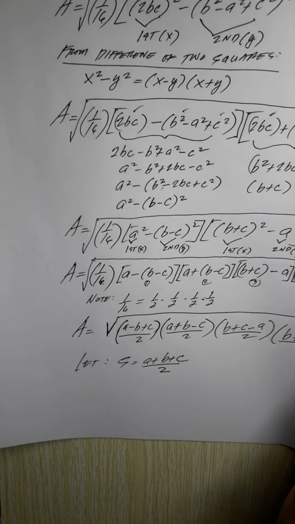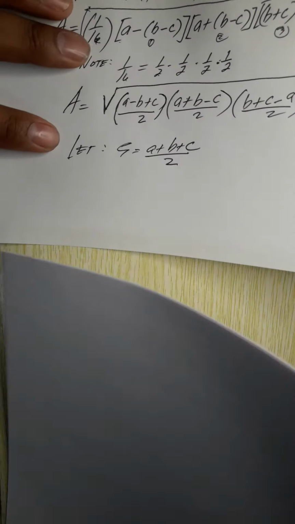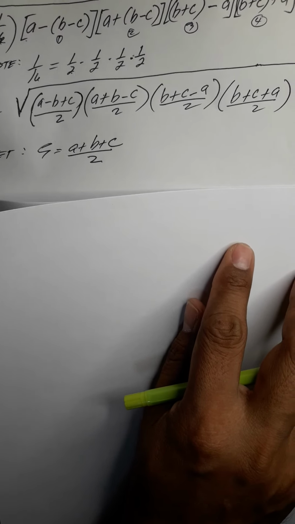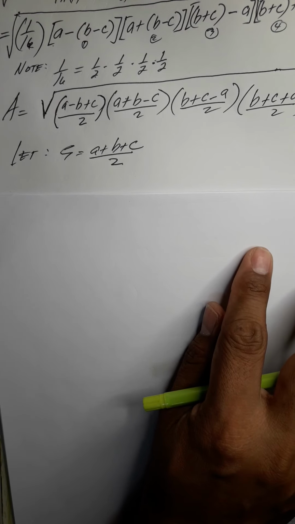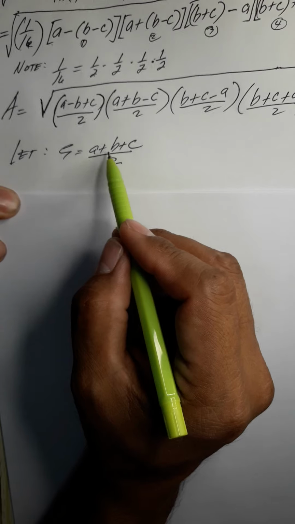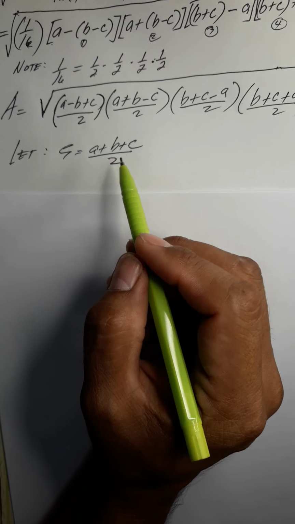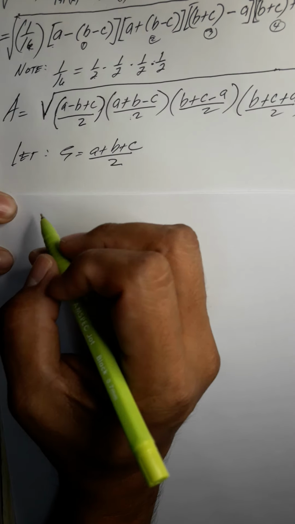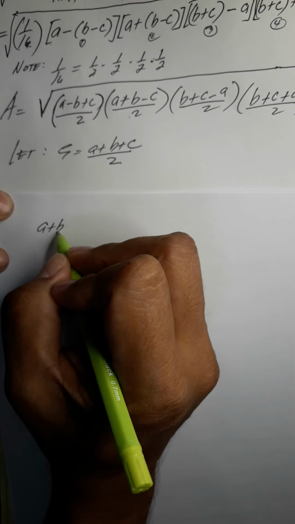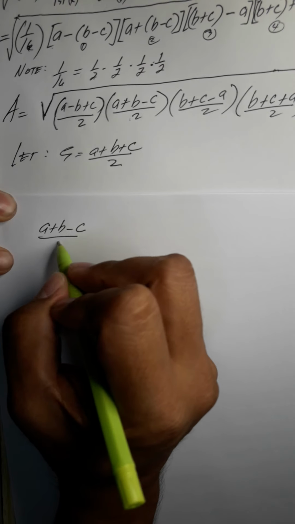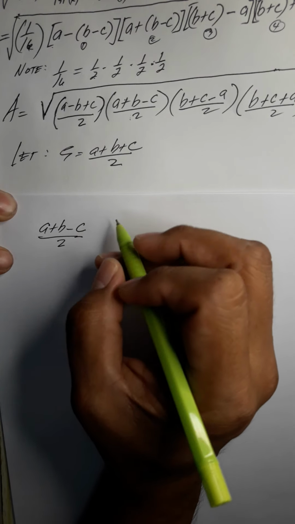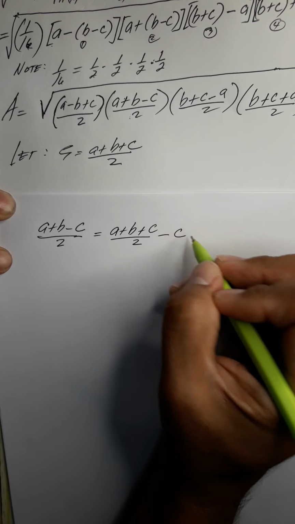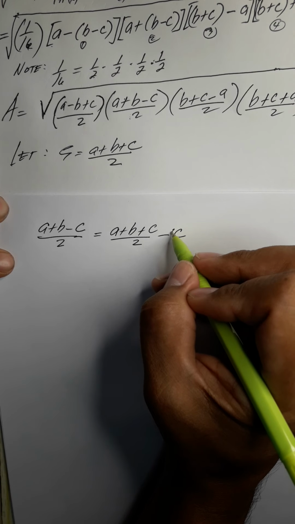Okay, so from here, if our S is equal to A plus B plus C over 2, then this one here, A plus B minus C over 2, is actually equal to A plus B plus C over 2 minus C. We put 2 here, we put 2 here.